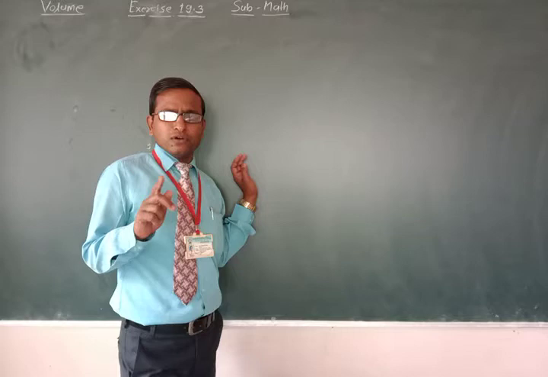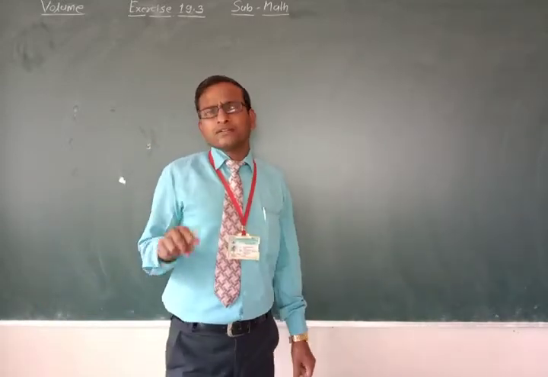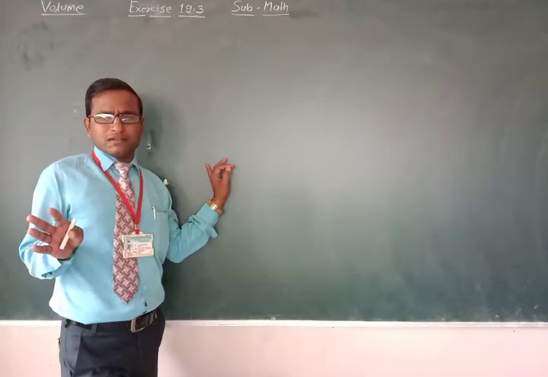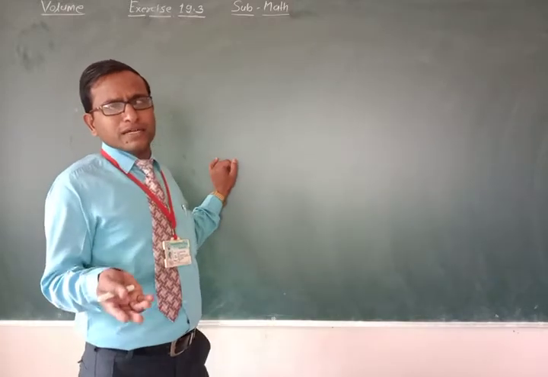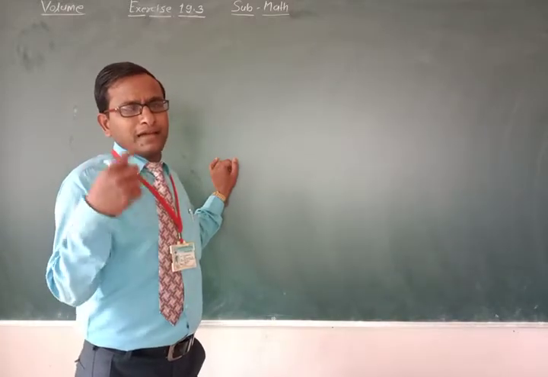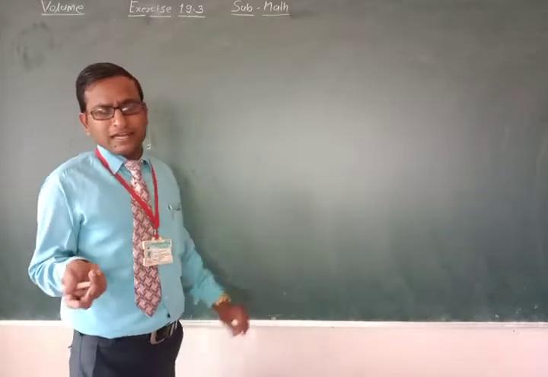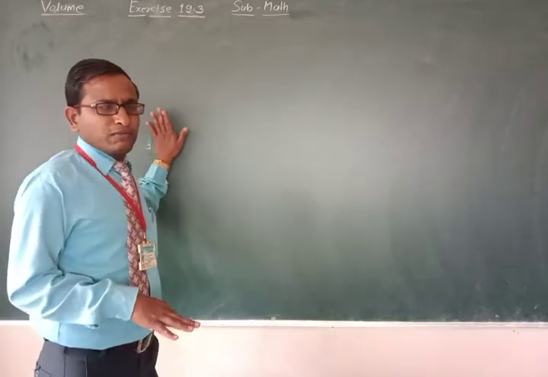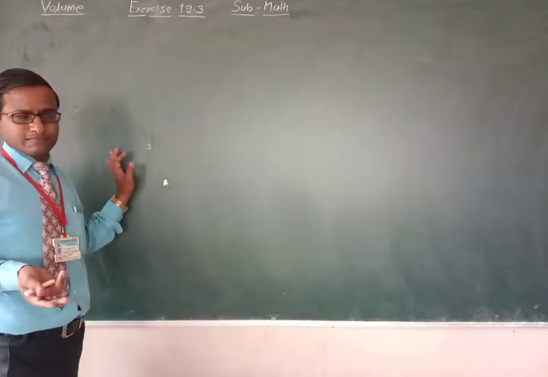A cube is made by using squares, and in a square all sides are equal. So volume of cube is length multiplied by length multiplied by length, or you simply say L cube. By using these two formulas you find the volume of cube or cuboid.